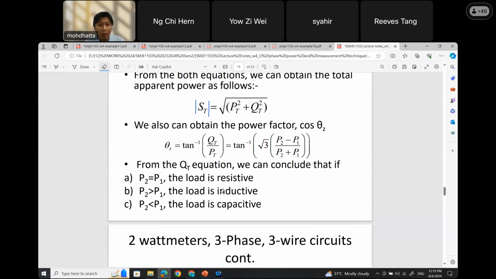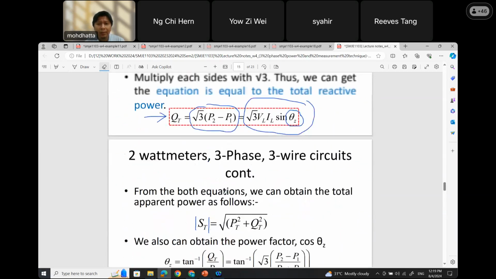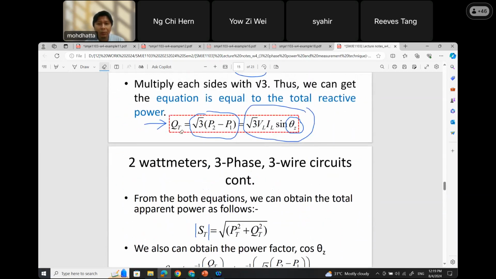And how do you know the power factor is a leading power factor or a lagging power factor? Again, it returns back to our Q over here. If the Q that you calculate here is positive, you can say that our power factor will be lagging.